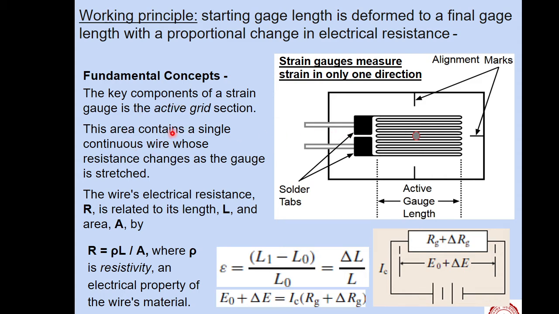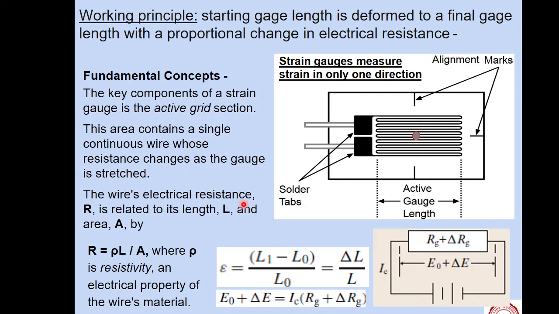So the next part is that the area contains a single continuous wire. This is obvious: starting from one solder tab, if you follow the line, you will come to the other solder tab. So between these two tabs, there is a continuous wire.